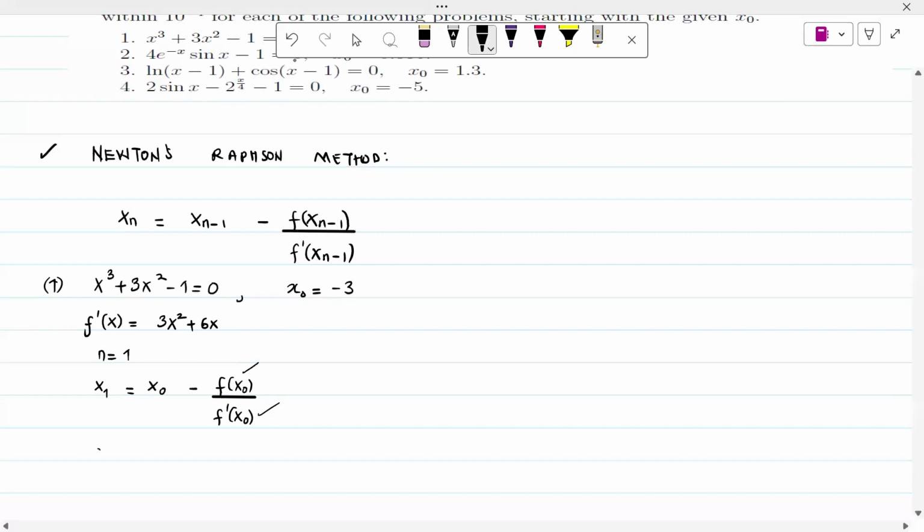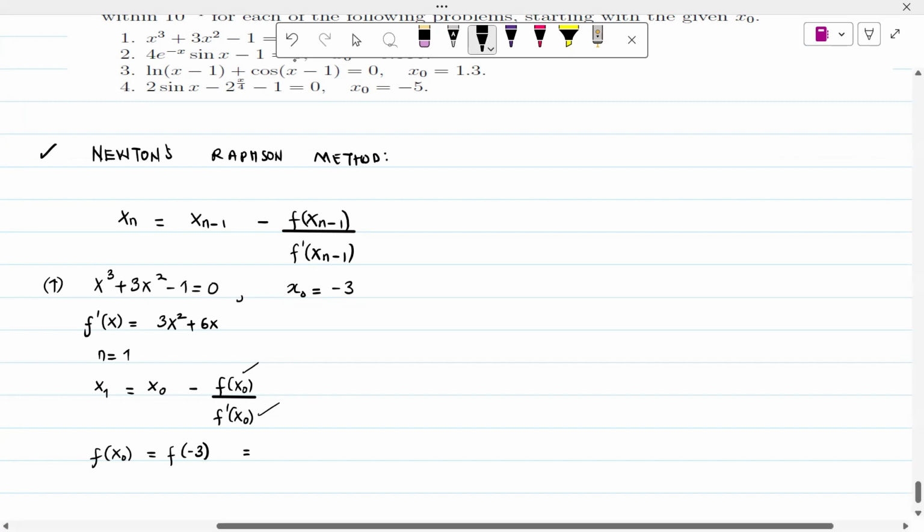So f of x naught is equal to f of -3. We substitute in the function x cubed plus 3x squared minus 1.